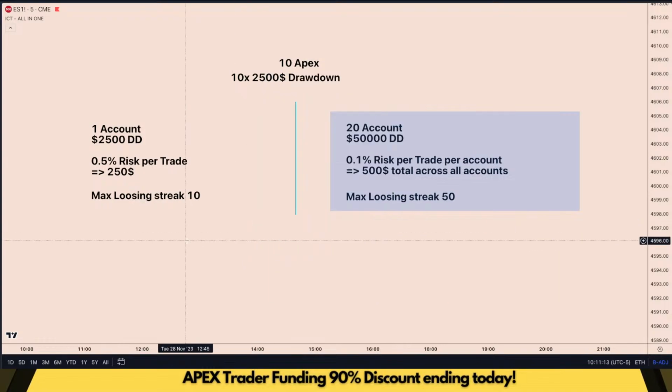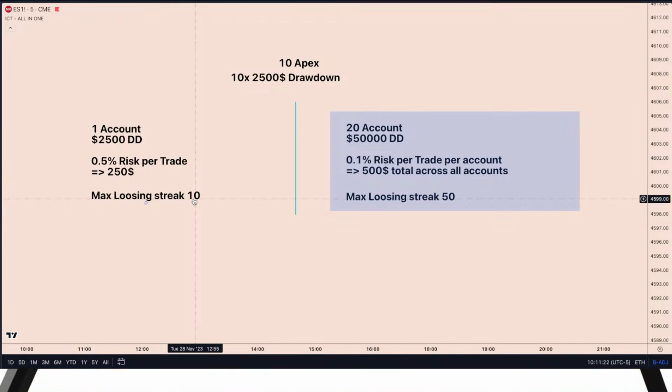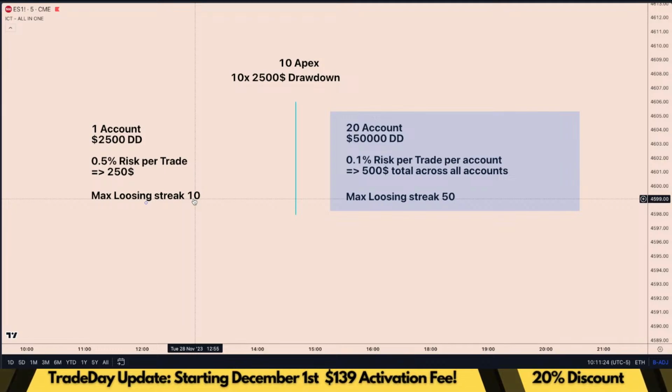A max losing streak of 10 would be a pretty bad week, or basically me making, let's say, 5 trades following the rules and 5 revenge trades or overtrading whatsoever, or maybe overleveraging using twice the risk on one trade. But yeah, that would basically be on me, and I would only do that during the challenge stage.